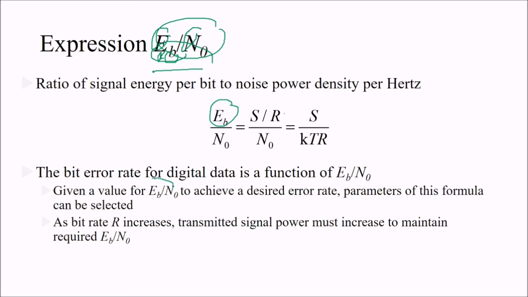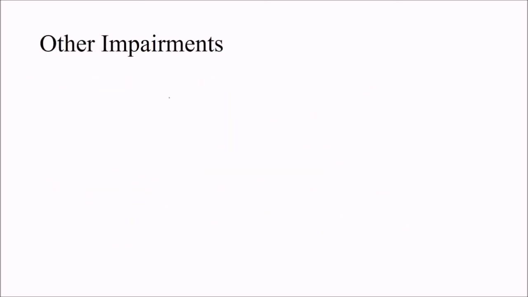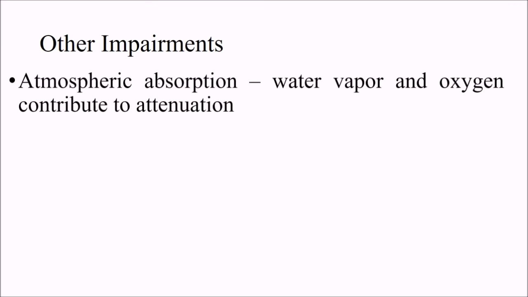Given a value of Eb/N0 to achieve a desired error rate, the parameters of this formula can be selected. And as the bit rate R increases, the transmitted signal power must increase to maintain the required Eb/N0. There are other impairments also, like atmospheric absorption, where water vapor and oxygen contribute to attenuation.